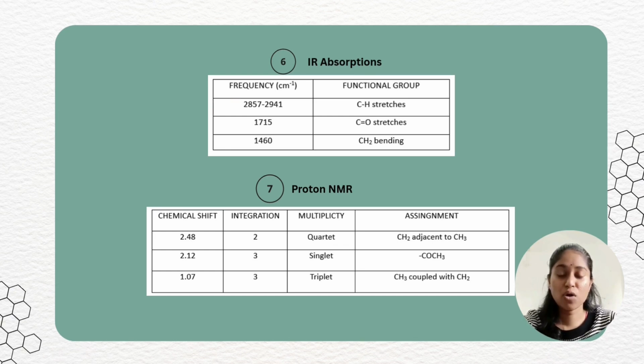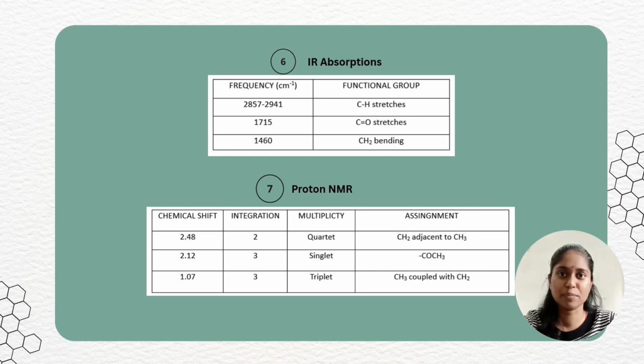Next, a strong peak at 1715, which clearly confirms the presence of a C=O stretching, indicating a carbonyl group such as a ketone. Then a peak at 1460, which shows CH2 bending, further supporting the presence of alkyl chains. From this FTIR data, we predicted the compound could be a ketone with alkyl groups.